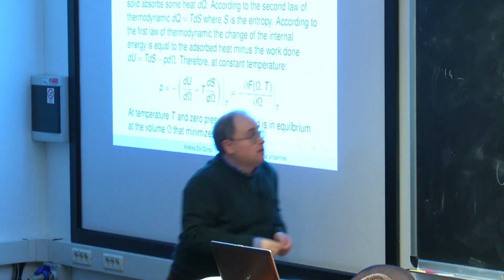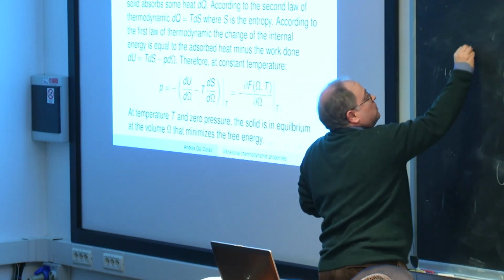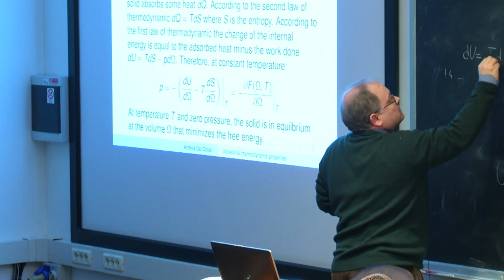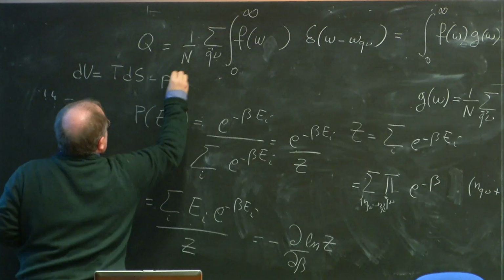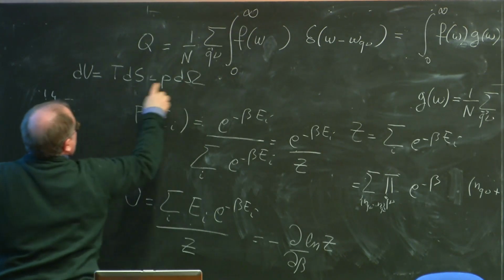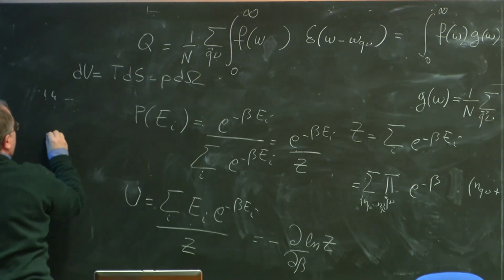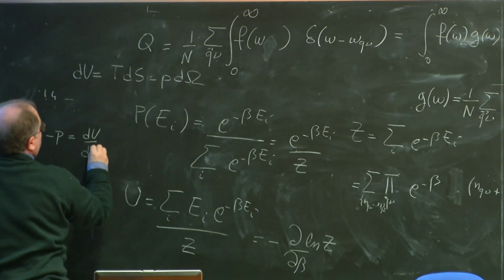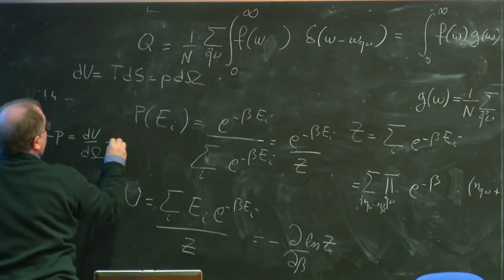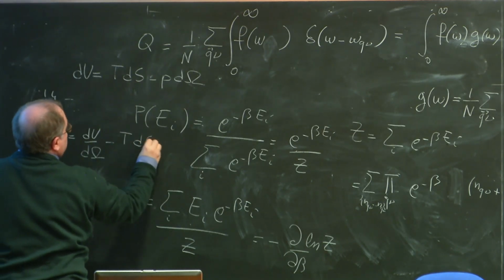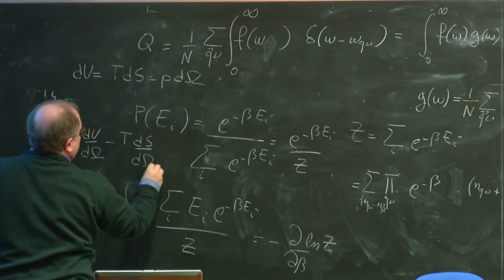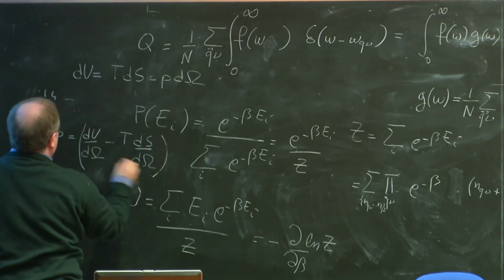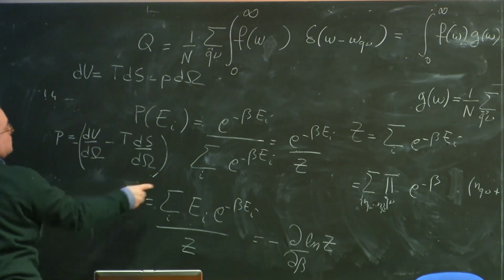So we have that dU is T dS minus P dΩ. So we divide by dΩ, and we have minus P equal dU over dΩ minus T dS over dΩ. So if you want, P is minus this.